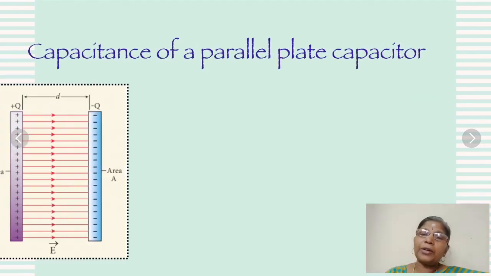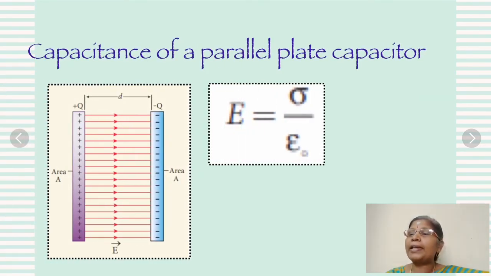Now, how to calculate the capacitance of the parallel plate capacitor? The parallel plates are arranged inside the electric field. The distance between the plates is equal to D. The area of the parallel plate is A. That is kept inside the uniform electric field, so the lines of force are parallel.